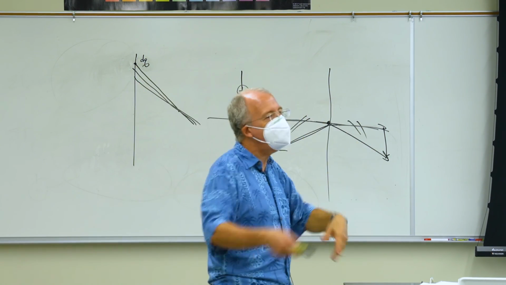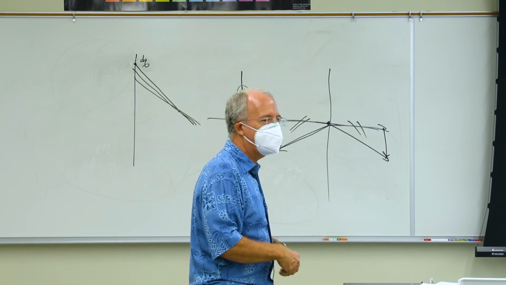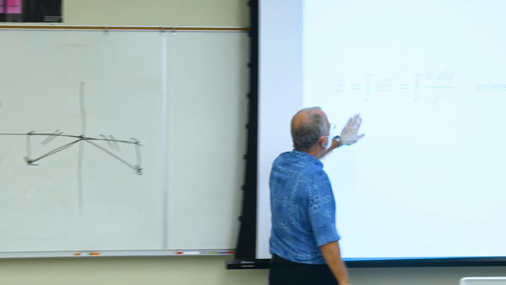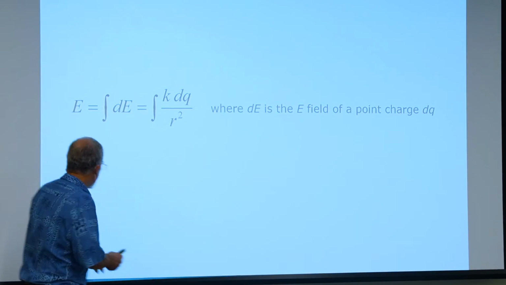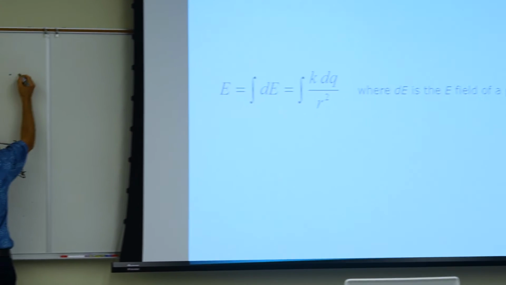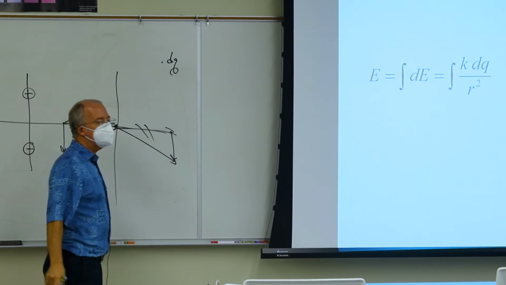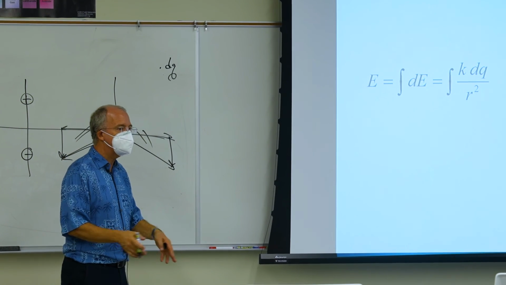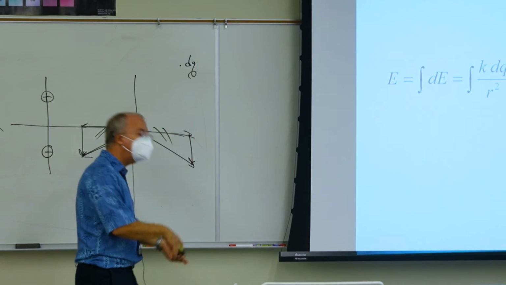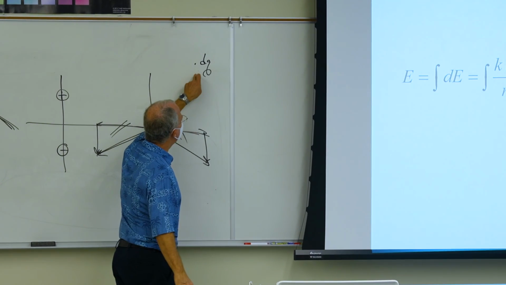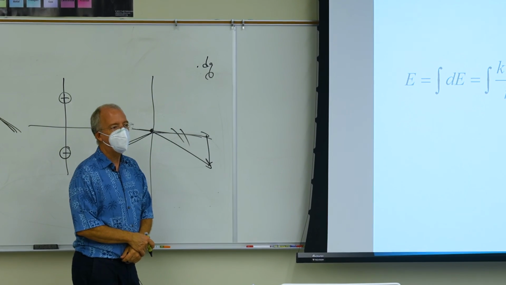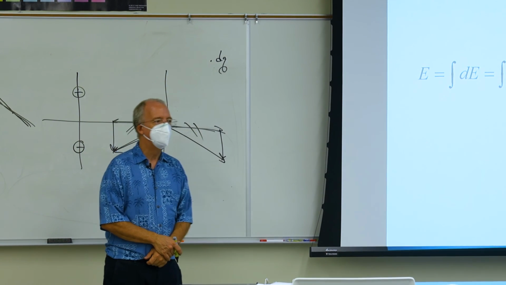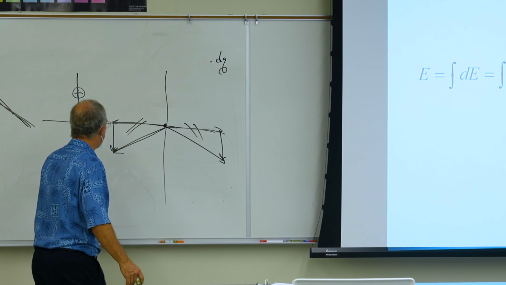Q, dq, who cares, that's all it is. So here we go. Here's a point charge, dq. What's the E field? It's a point charge, right? But instead of calling it a Q, I'm calling it a dq. So what's the E field of a dq, using what we've learned? You can just look it up. I mean, we just talked about it a little while ago.